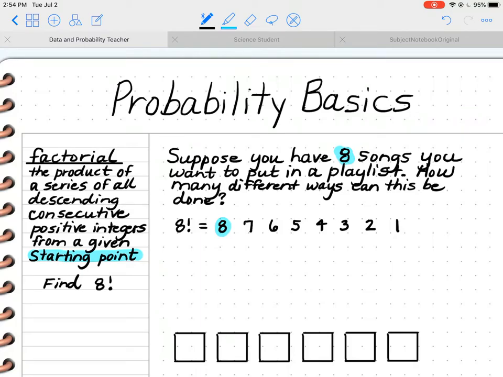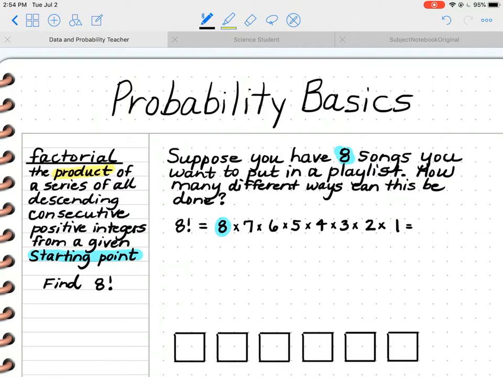And then product means, what's product? Multiply. So 8 times 7 times 6 times 5 times 4 times 3 times 2 times 1. You can type that in your calculator. That's perfectly fine. Let's go ahead and do that just to show you this will work.